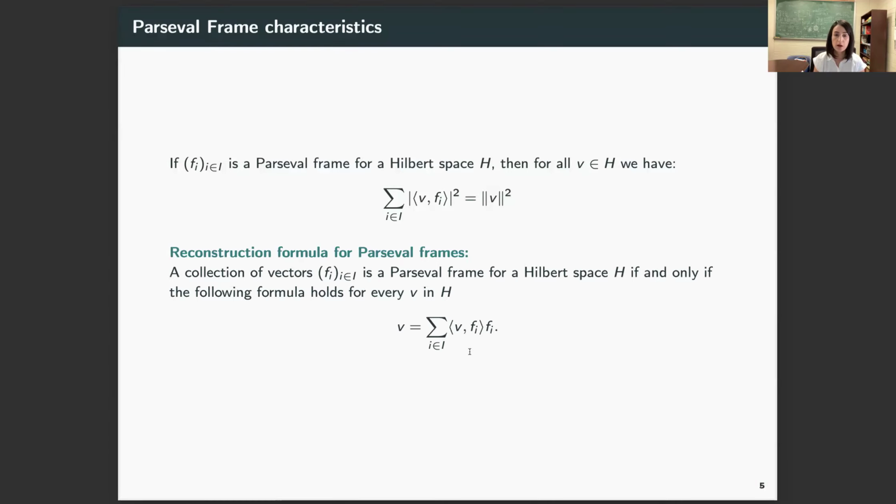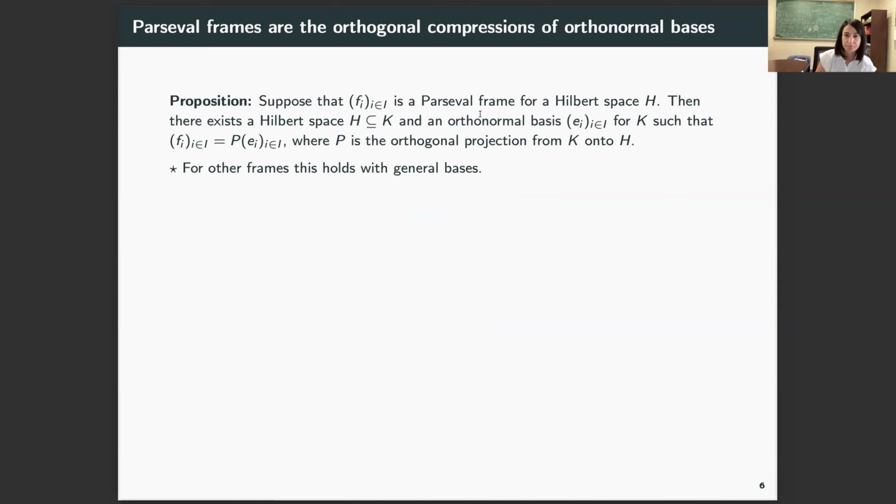If I have a Parseval frame, I can recover any vector by looking at the frame coefficients multiplied by my f_i, and this summation is going to recover my V. We can think of it as the reconstruction formula for a Parseval frame, which always holds for any vector in my Hilbert space.